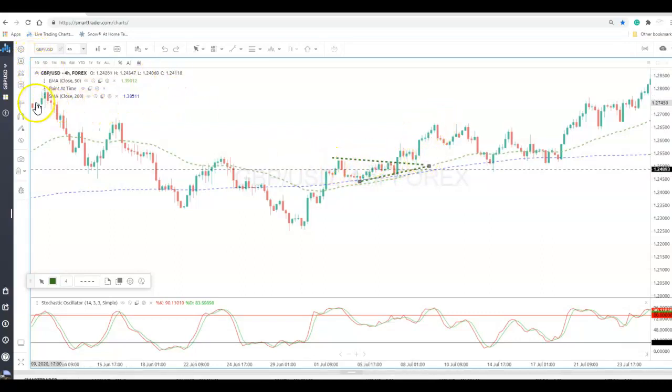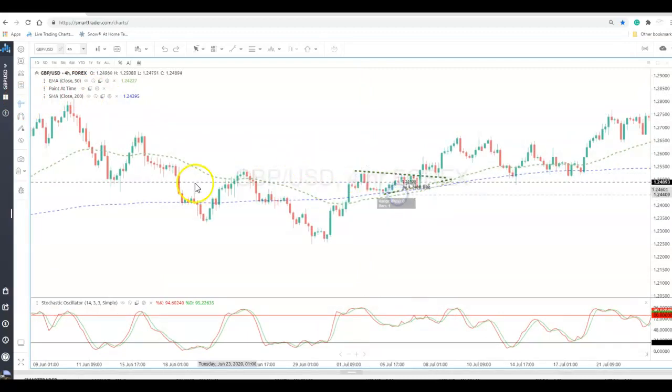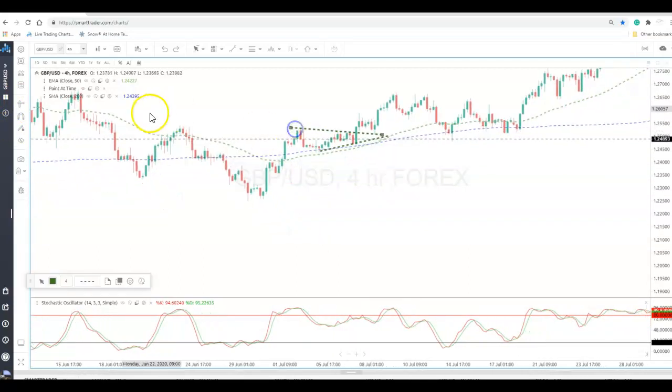So count the number of pips, take my measurement tool from the inside of that pendant. I'm sorry, I'm trying to draw this. Go from here to here. It's about 75 pips. That's my target. Take my trade.